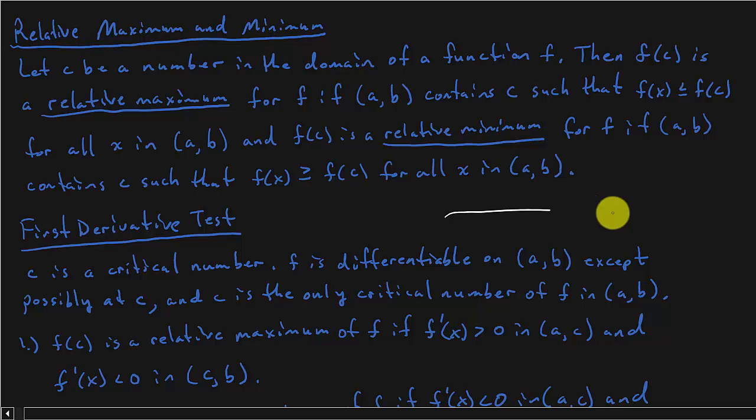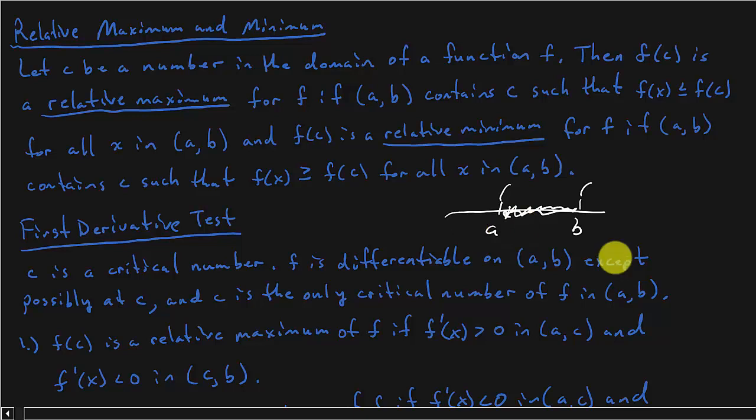So basically what happens is you have an interval here, (a,b), and you look at all the values between a and b, and if c is in here somewhere and it's larger than all the other values, then it's a relative maximum. If you have c and that value f of c is less than all the other values in here, then it's a relative minimum.